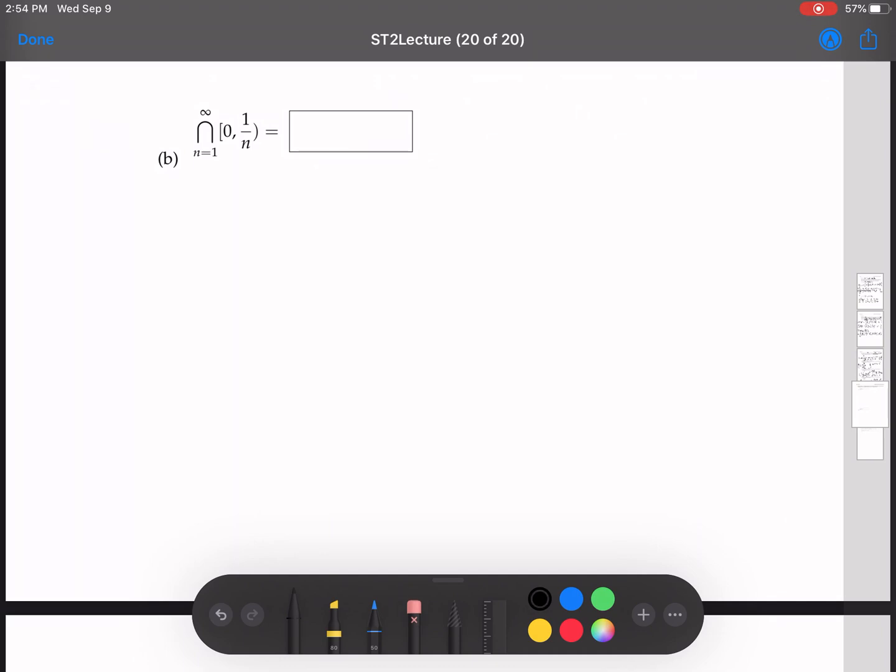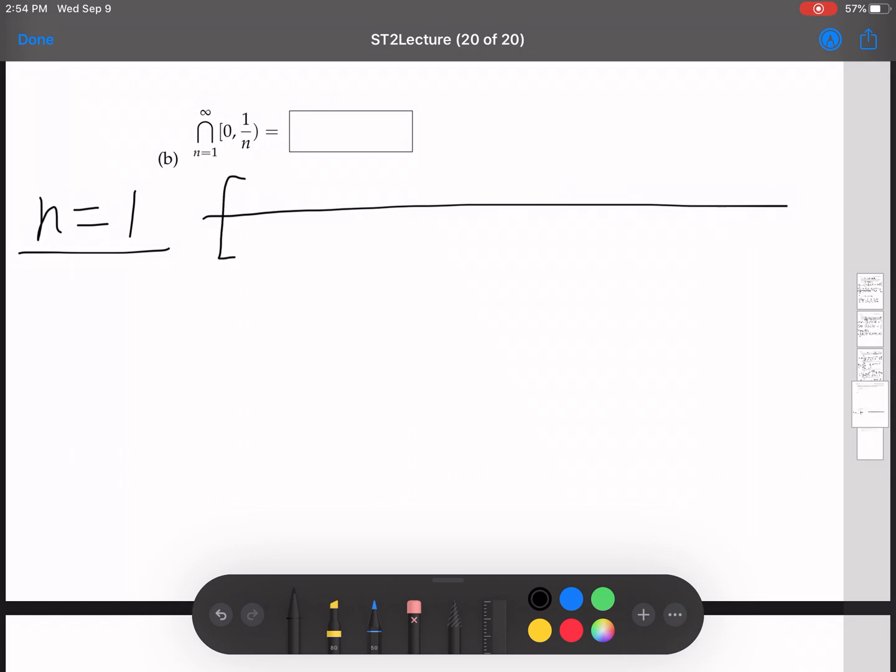All right, so again, n equals 1. I'm just going to draw the interval here. We have the interval from 0 to 1. N equals 2.